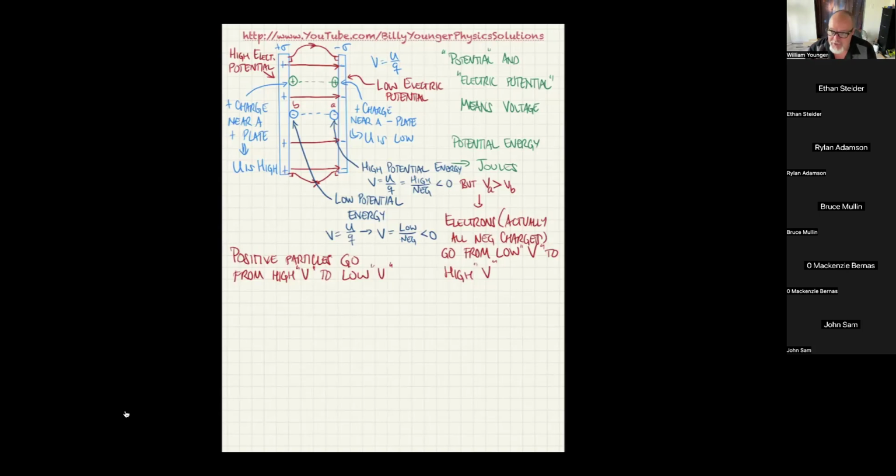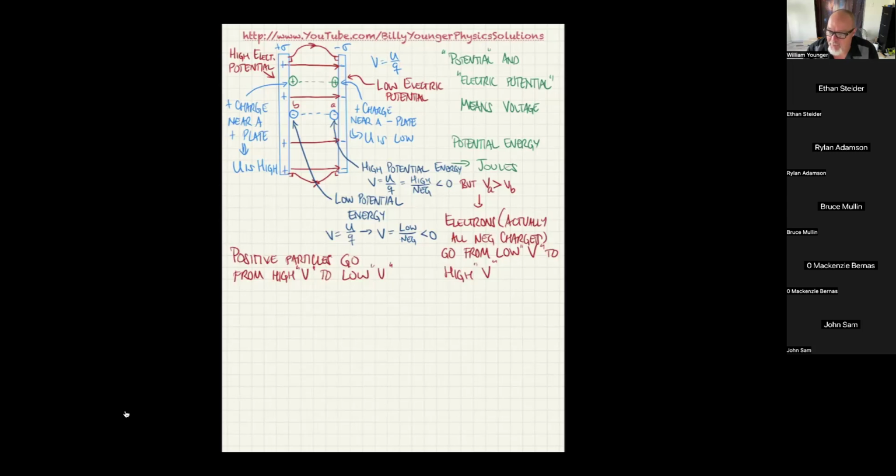And what you need to understand are these principles I'm putting down, which is because the electric potential is the potential energy divided by charge, then you're going to get a negative particle going from a low potential to a high potential. Again, I said potential without the word energy. So that's from a low voltage to a high voltage.